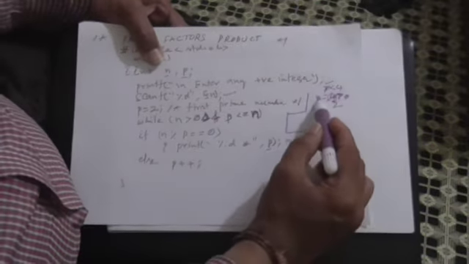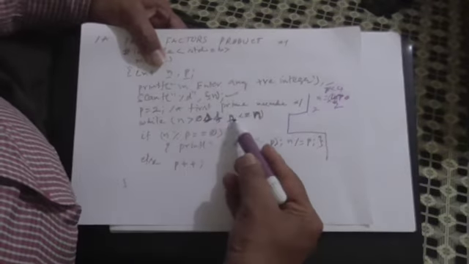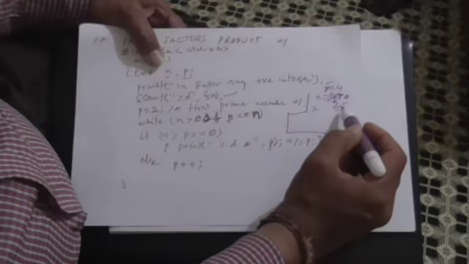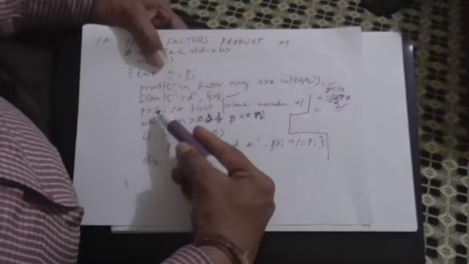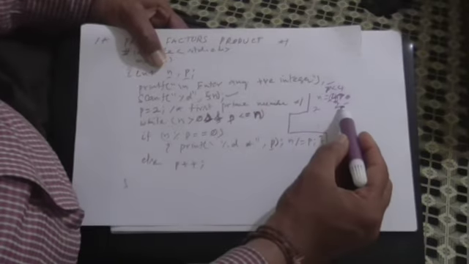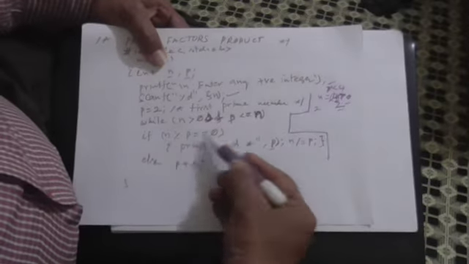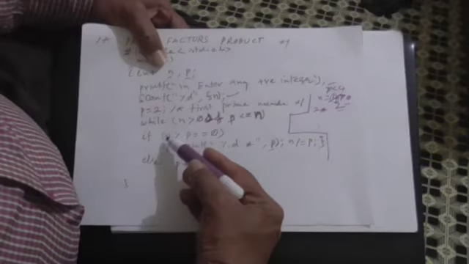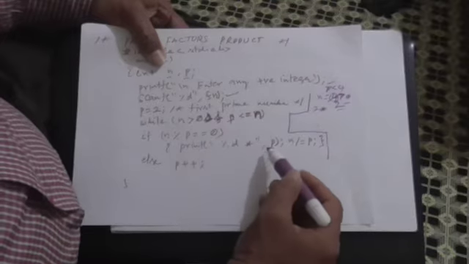Again the condition is satisfied. See, n is greater than 0 and p is less than or equal to n. So the new value of n is 2, and the value of p, there is no change, it is 2 only. So 2 less than or equal to 2 is true. Therefore, my earlier output is 2 into, now it prints p again.